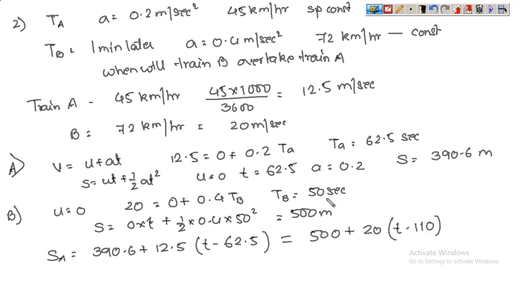Because until 50 seconds it is accelerating, and it is actually running late by 1 minute, so 60 seconds for that and 50 seconds for here. If you equate both of them, you get the value of t as 174.58 seconds. So at approximately 175 seconds, train B will be able to overtake train A.